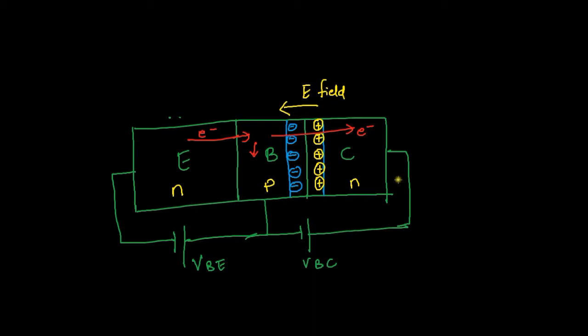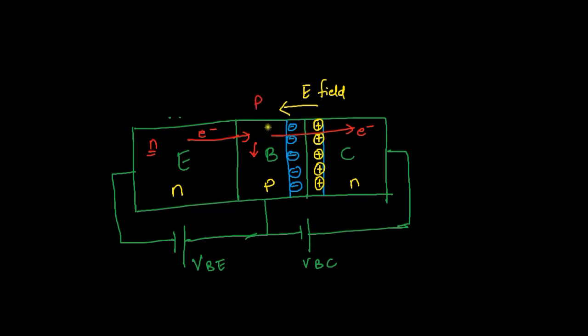So I have explained a few things until now. I will repeat it again for better clarification. When the EB junction is forward biased, this is N type, okay? It has majority carriers as electrons. So these electrons will move towards the base junction. This base is P type.